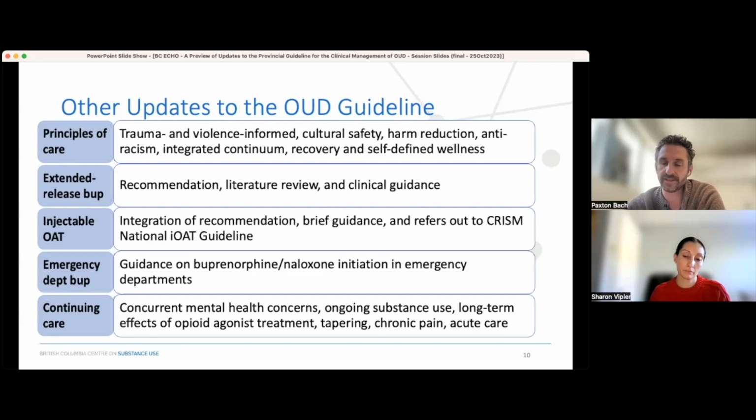Incorporation of iOAT into these guidelines, which was a standalone guideline prior to this, as an evidence-based part of the continuum of care for people with opioid use disorder. There's a whole appendix on emergency department buprenorphine inductions, which is new, and more detail on continuing care for people who are on opioid agonist therapy.